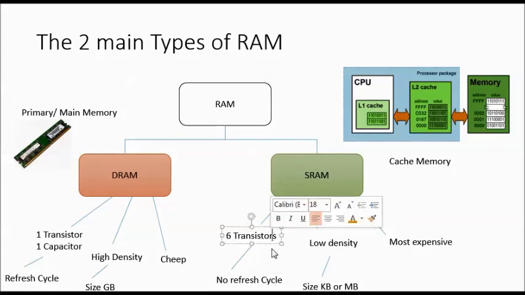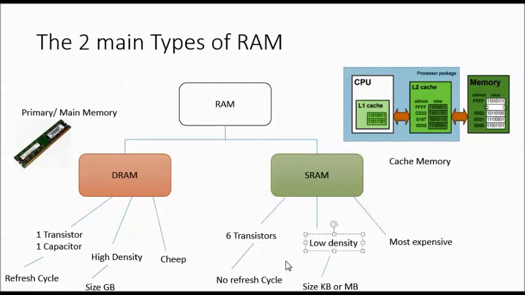But because it's built from 6 transistors, these take up a lot more surface area. So the density of the circuit in the dies is much lower, meaning we can fit a lot less in the same amount of surface area. Consequently, not only does this make SRAM a lot more expensive, but it also means the capacity of it is a lot lower than that of DRAM. Capacity is in the order of kilobytes or megabytes.